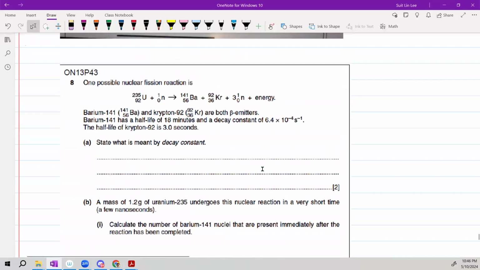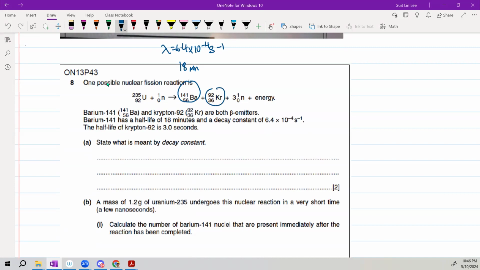Okay, this is a fission reaction. These two are beta emitters. So this is not the end of the decay, right? Barium has a half-life of 18 minutes. The decay constant is 6.4 times 10 to the power -4, the probability of decay in 1 second.